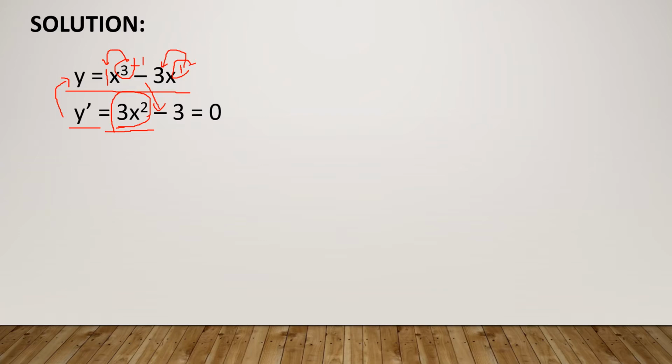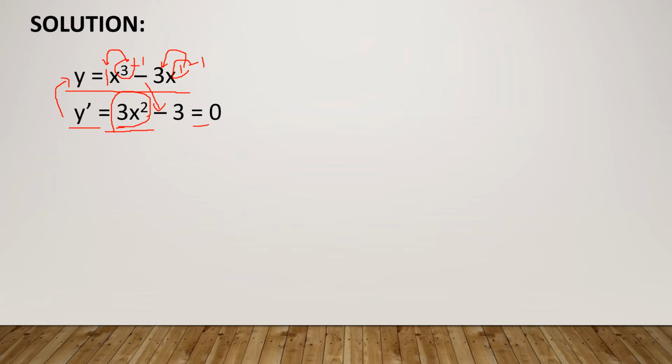Then we subtract 1 from the exponent, so 1 minus 1, and x raised to 0 is equal to 1. Multiplied by 3, that is 3. Then we apply the subtraction. Now your y prime is equal to 3x squared minus 3.